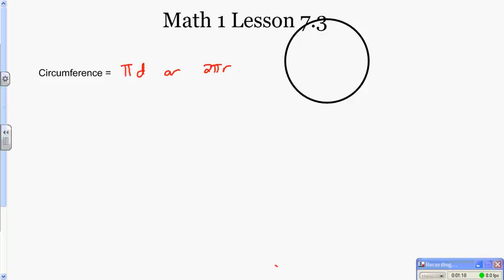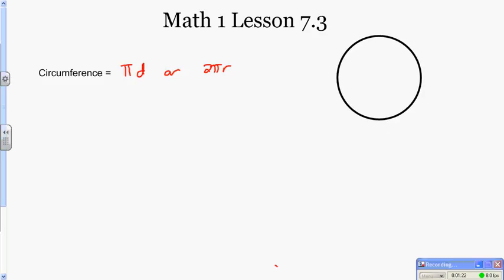Now, very important to understand that a circle has a couple of pieces of information that you want to be aware of. You have the center. You have a line that goes all the way across and goes through the center, and that is the diameter. If you talk about only from the center to the outside of the circle, then it's just the radius.